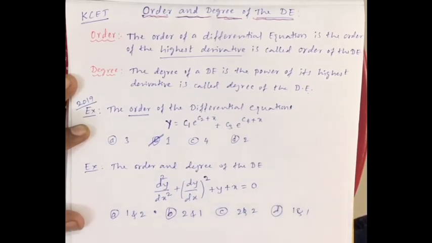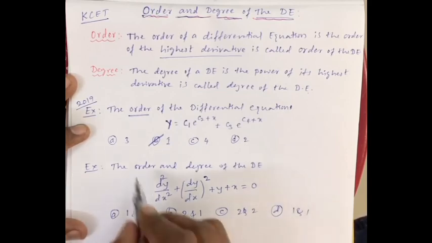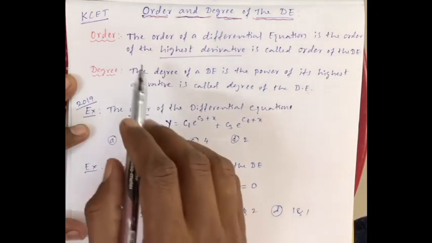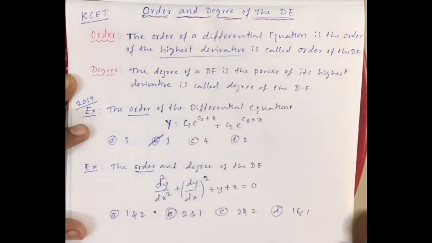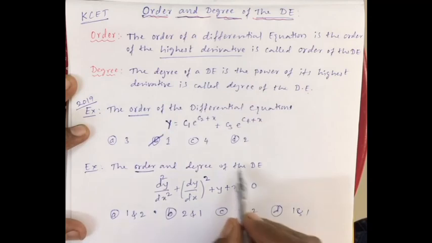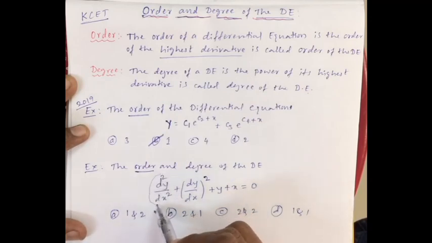Now find the order and degree. Go by the definition. The order definition says it is the highest derivative in the differential equation. So which is the highest derivative? The highest derivative is 2, so the order is 2.